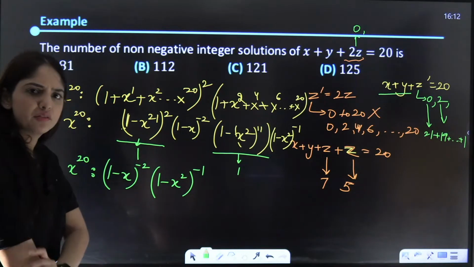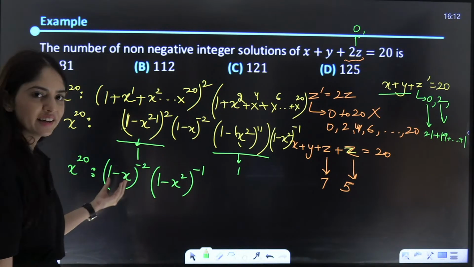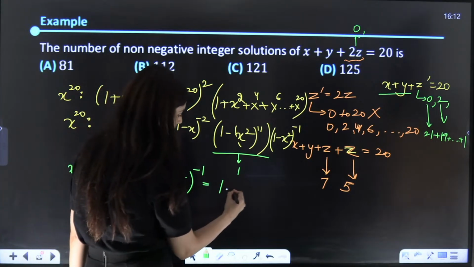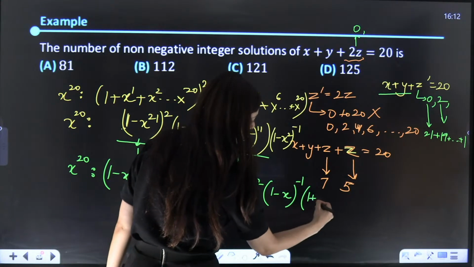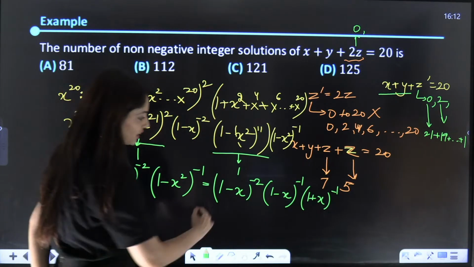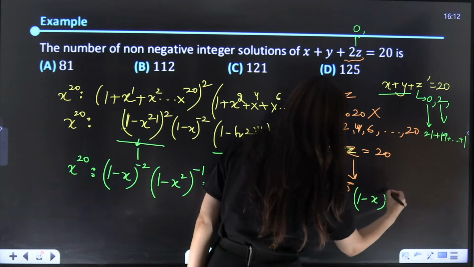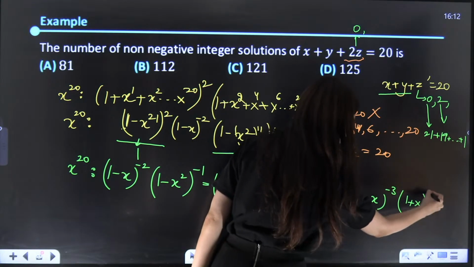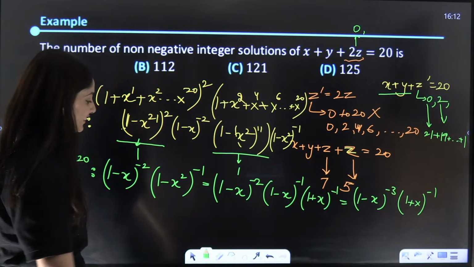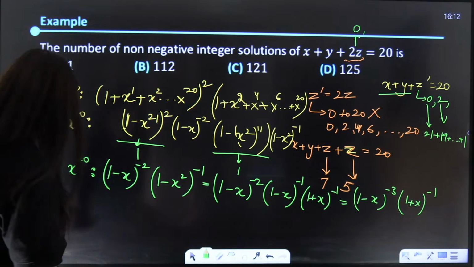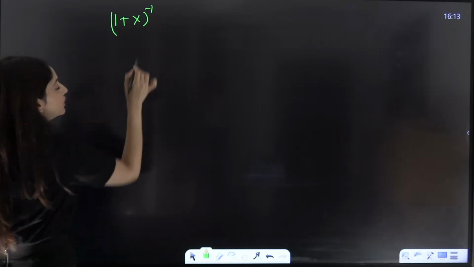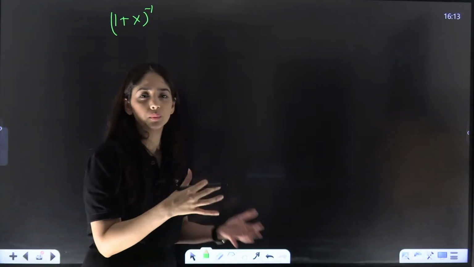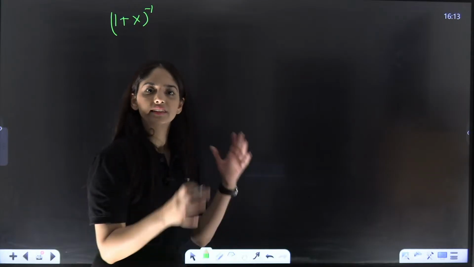So again we have to do some hard work. If there is just one expression, then it becomes easier, but in this case we have 1 minus x raised to power minus 2, 1 minus x raised to power minus 1, 1 plus x raised to power minus 1. So that is 1 minus x raised to power minus 3 and 1 plus x raised to power minus 1. How do we solve such problems? Again, if you're new to binomial, multinomial expansions, you might be getting some confusion, which is why I suggest don't start here. It will only confuse you more. Study binomial first and then look at these solutions.